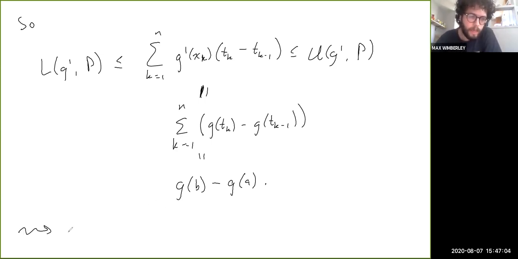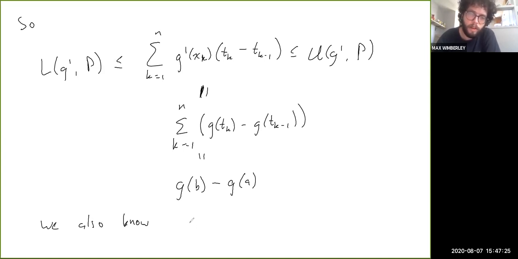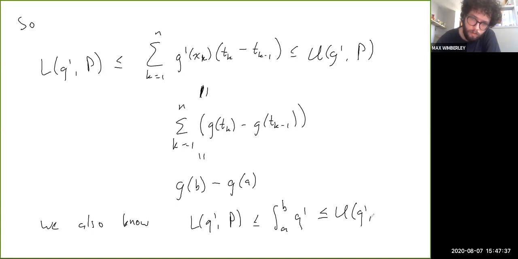We also know that L(g prime, P) is less than or equal to the integral from a to b of g prime, which is less than or equal to U(g prime, P).